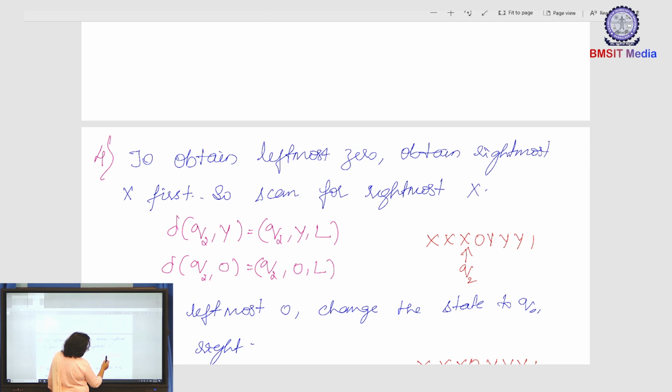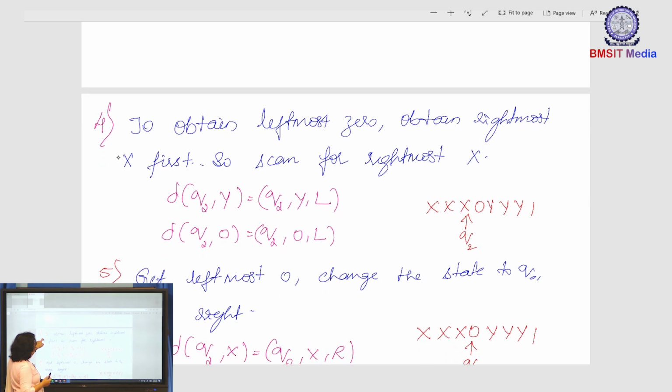So while coming back, I am in Q2, I will be seeing y's and zeros. I will just stay in Q2. I just keep moving left. Till when? Till I find the x.